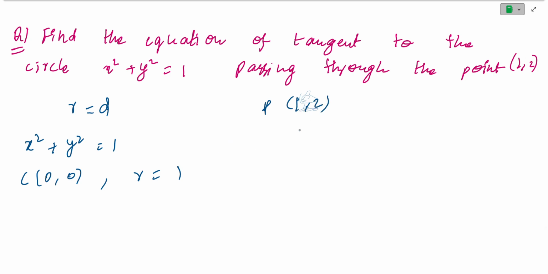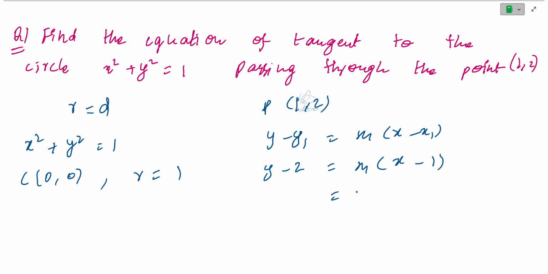So now I will assume a straight line passing through the point 1 comma 2, in this manner. So y minus y1 is equal to m into x minus x1. The y1 value here is the y coordinate of the point, that is 2. I don't know the slope of the straight line, so let me write m as it is. x1 is the x coordinate of the point, that is 1.